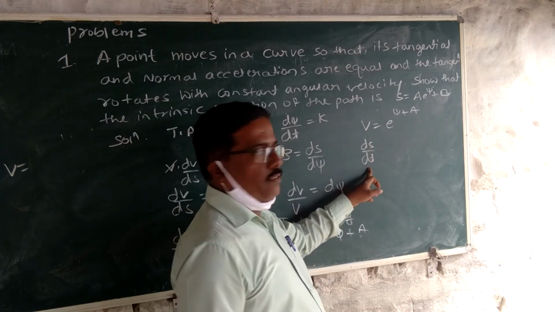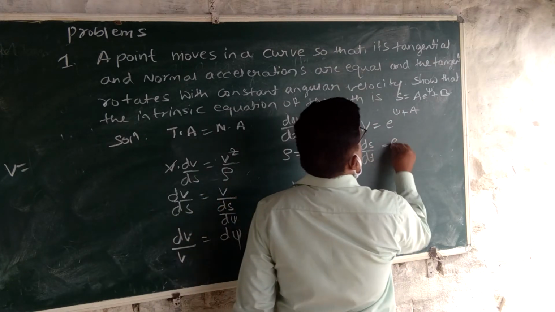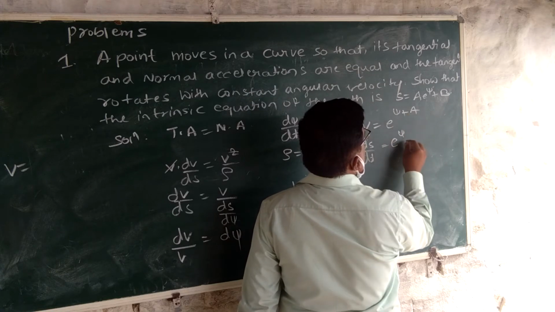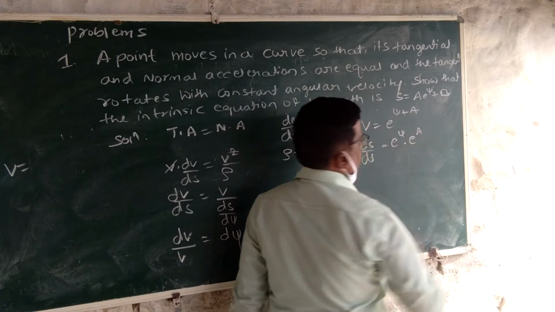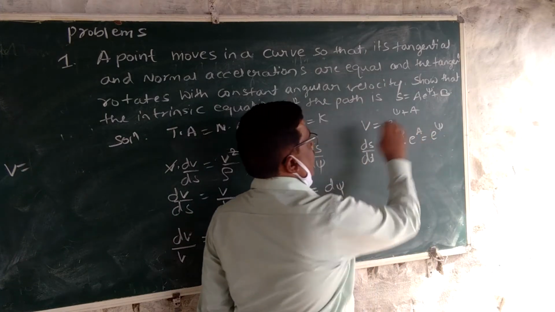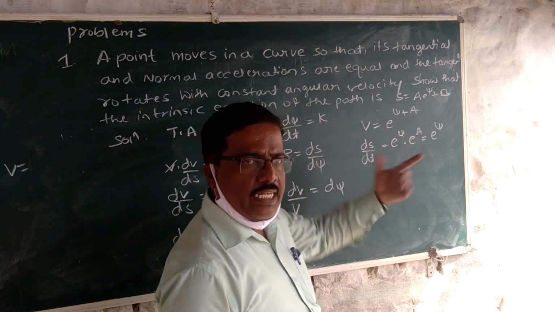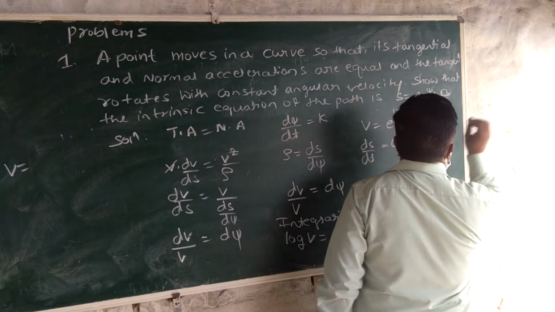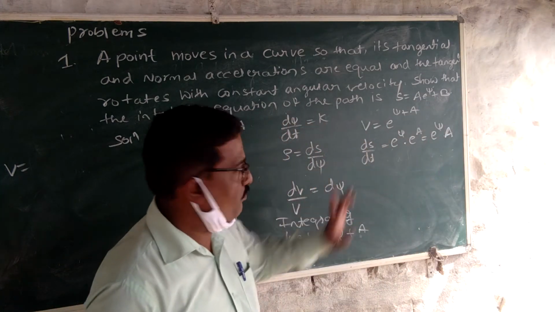So v is equal to ds by dt, which is e raised to psi into e raised to a. Here e is constant and a is constant, so e raised to a is again a constant. For our convenience, we take this as a.